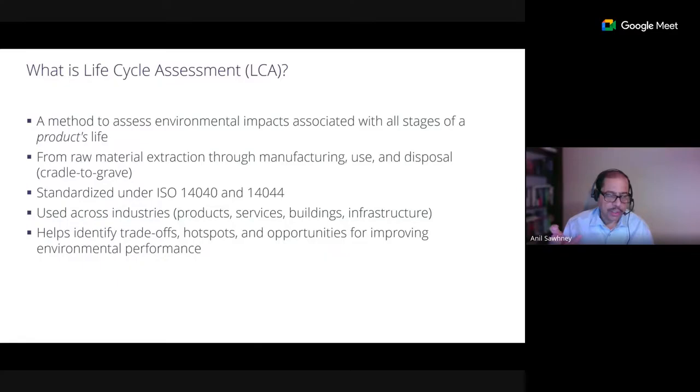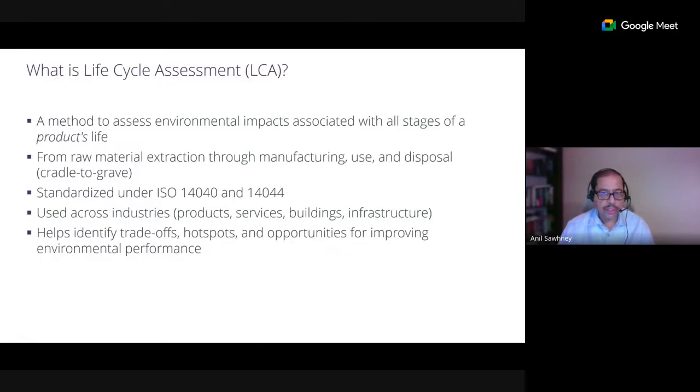But first, we need to understand the fundamentals of an LCA. LCA takes into account all types of environmental impacts associated with the extraction of the raw material, its transportation to the manufacturer, its actual manufacturing, its use, and its disposal. So a sort of cradle to grave analysis can be done using LCA. It's been standardized using two major ISO standards.